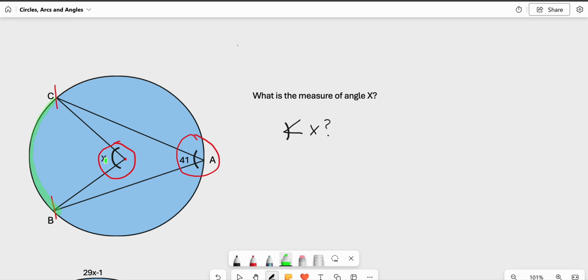This central angle is intercepting this arc BC, and also the inscribed angle is intercepting this arc. So this arc is common to both of them. And if we know how much is the inscribed angle, then we know that the arc is equal to 2 times the angle. So we know that this arc is equal to 82, right?